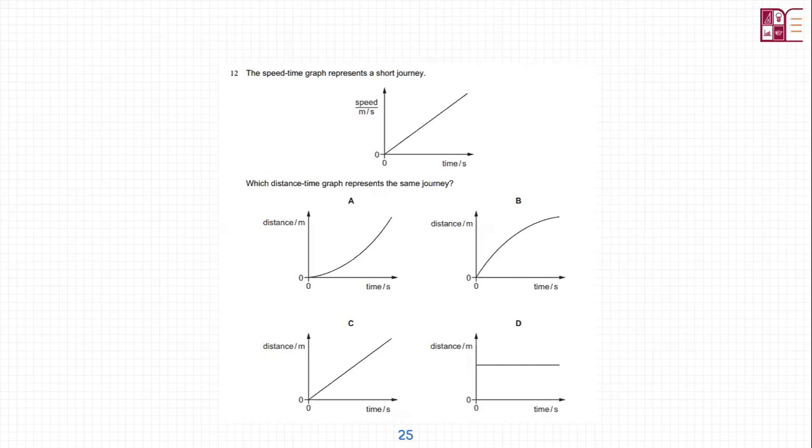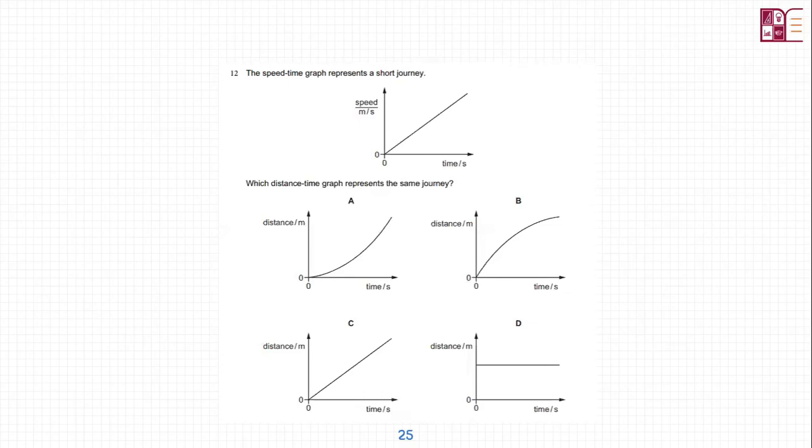But since the speed is increasing uniformly, the distance is going to increase in a non-uniform way such that it would be steeper as the time passes on, as the speed is increasing.